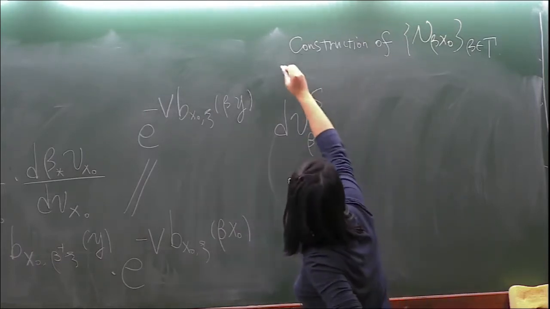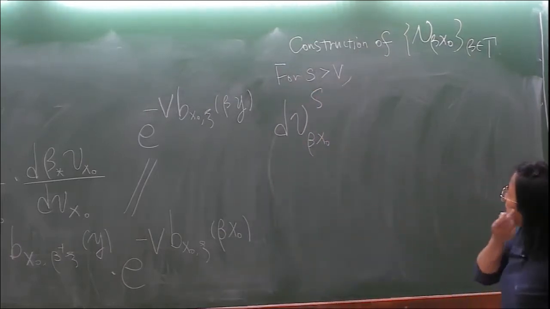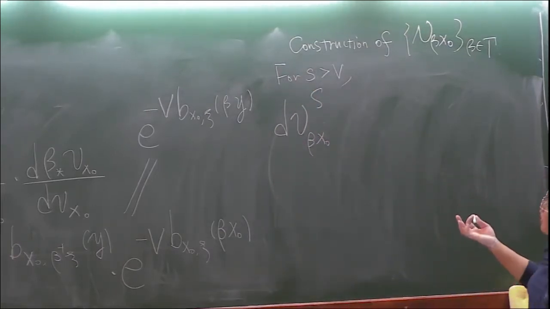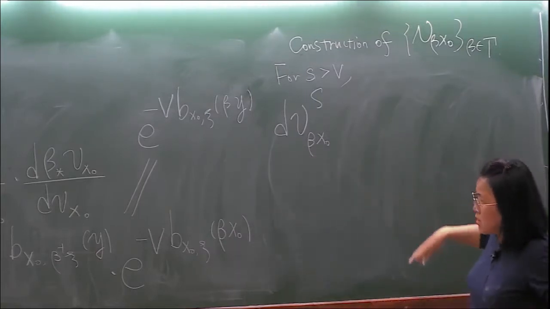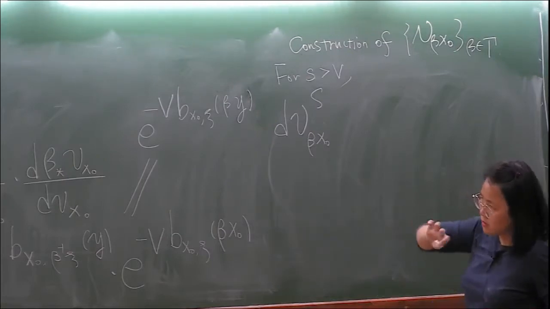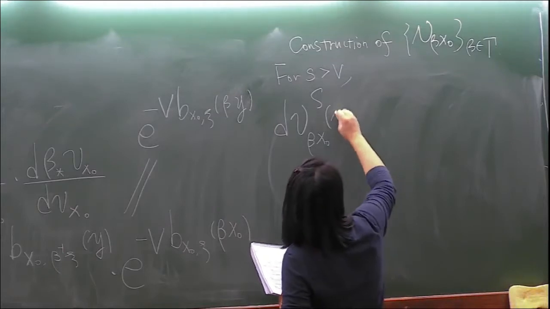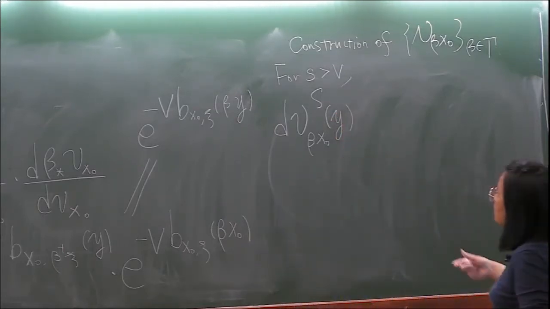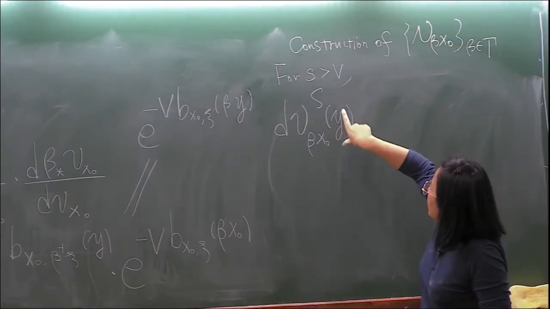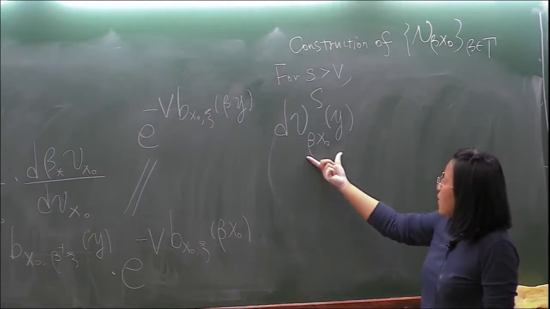So for s greater than v, we now first consider measures not going to the boundary, just M-tutor. So you consider the Radon-Nikodym derivative with respect to this y on the universal curve, and this one with respect to what?